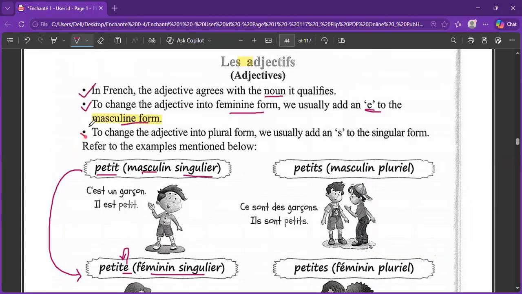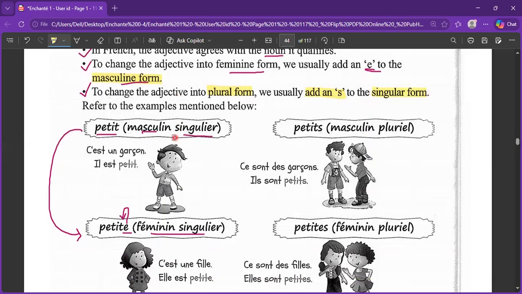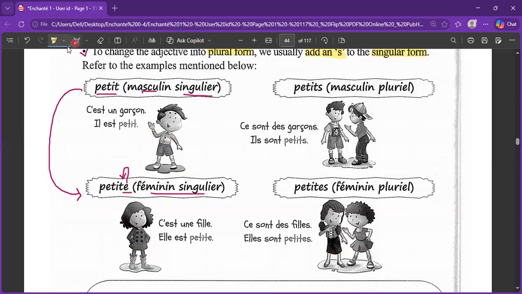Similarly, to change an adjective into the plural form, we usually add an S to the singular form. If you want to convert the masculine singulier to masculine pluriel, take the masculine singulier form and add an S simply. That will become petits, but in the plural form.